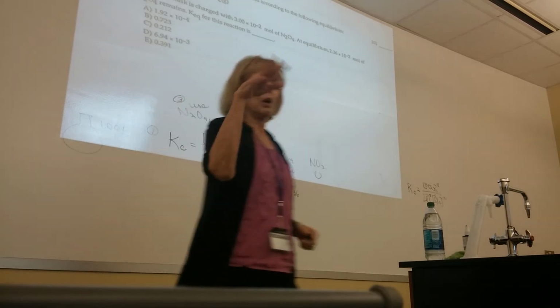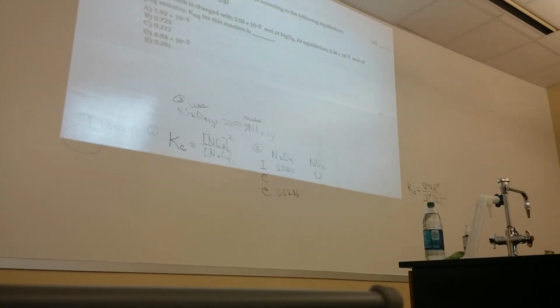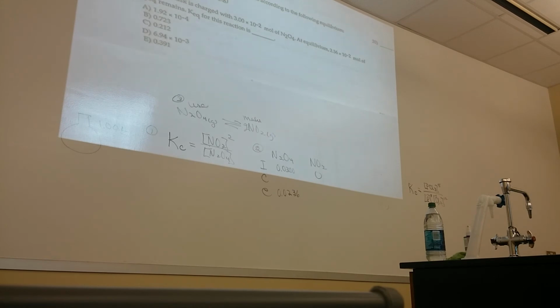Remember the coffee business? You had so much money in your pocket, you stopped at Starbucks on the way home, you paid for your cup of coffee, you put the change in your pocket. When you get home, you have to count what's left. So you know what you started with, a $5 bill, and at the end, you know how much you got home with. How much did you use or spend? You have to subtract.